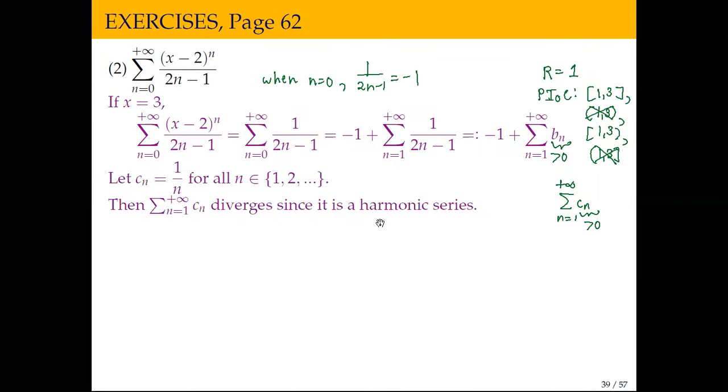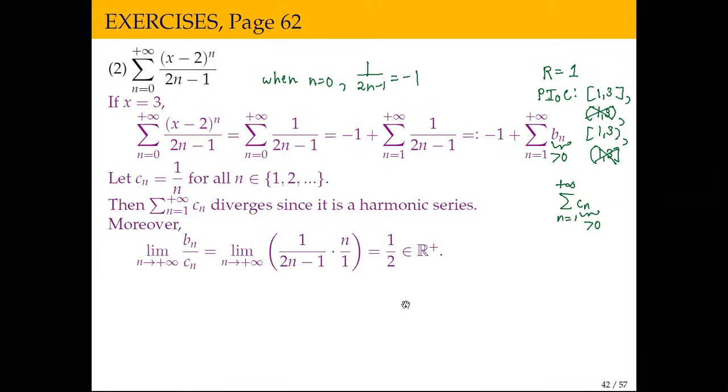Moreover, if you try to apply the LCT, you have to look for the limit of b sub n over c sub n as n goes to positive infinity. So this is just the limit of the product of these two. This is your b sub n, this is the reciprocal of c sub n. And we know that this limit is just 1, which is a positive number.